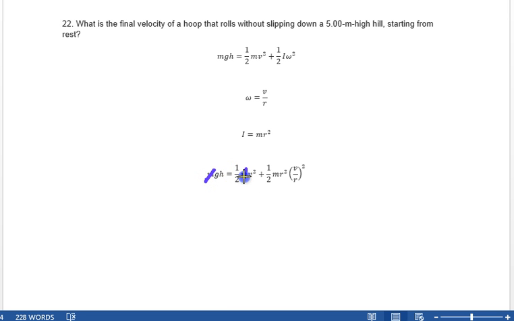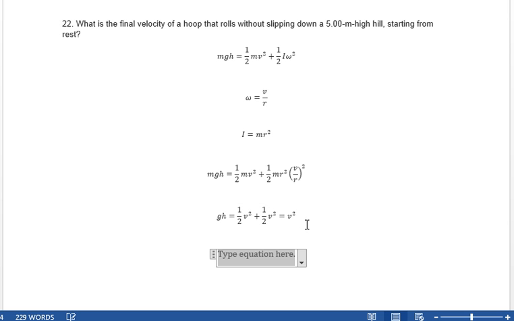No mass. Okay, R squared and that R cancel out. And so what we're left with is gh equals 1/2 V squared plus 1/2 V squared. That was interesting. V squared, right, equals just gh.